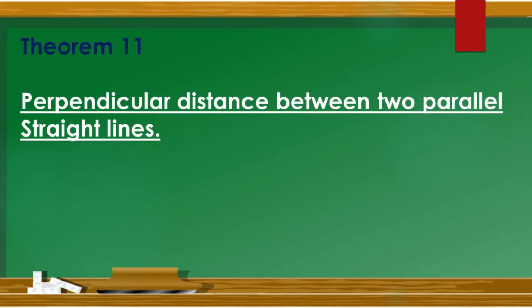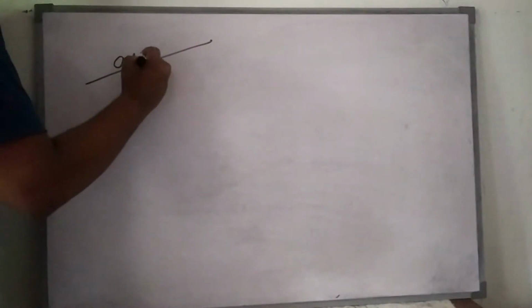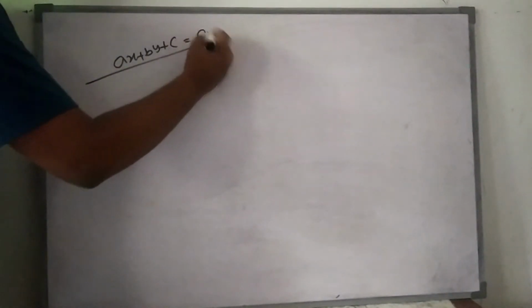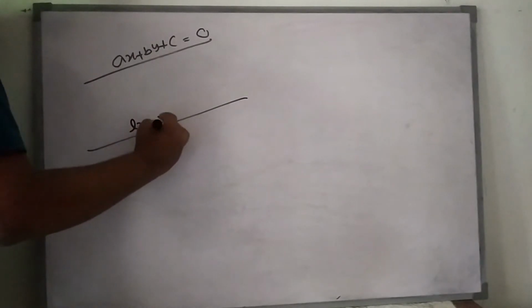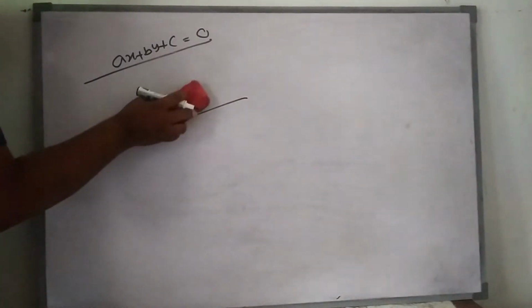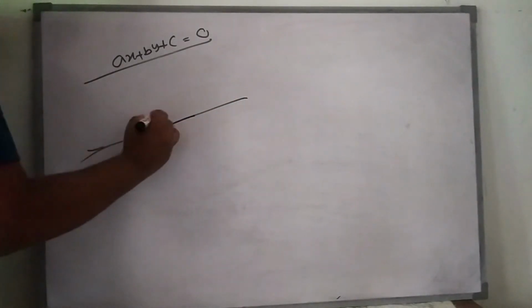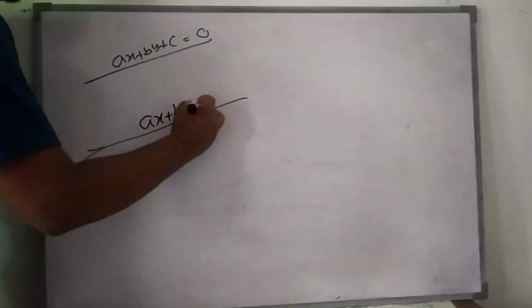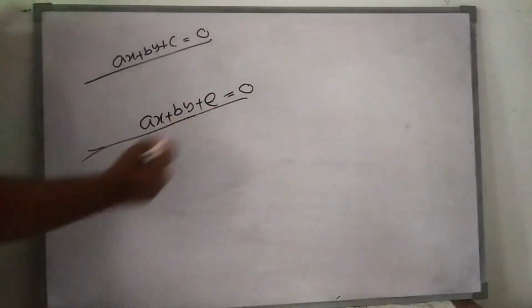Okay children, let's move to theorem number 11, right? Perpendicular distance between two parallel straight lines. These are my straight lines: ax plus by plus c equals 0, and lx plus my plus n. Sorry, if it is parallel, then it should be again ax plus by plus e or something, right?